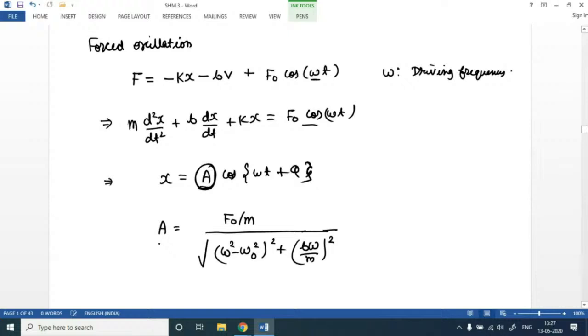So obviously this amplitude depends upon the value of F naught.